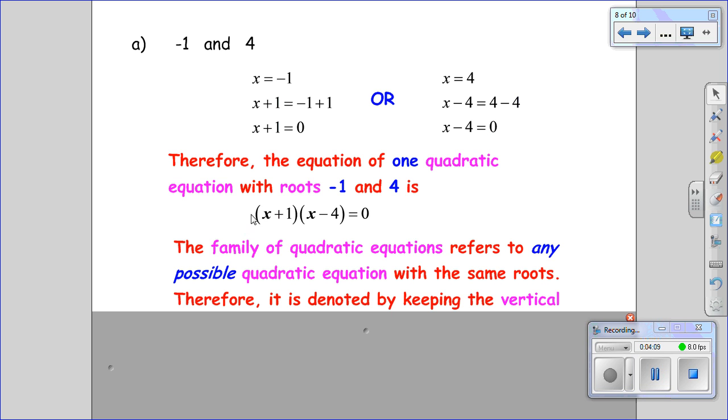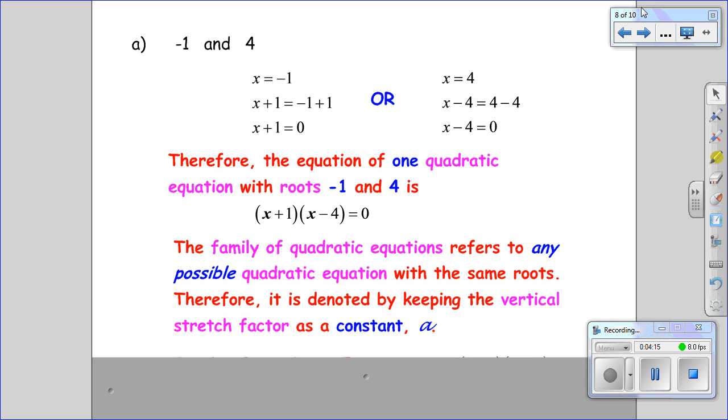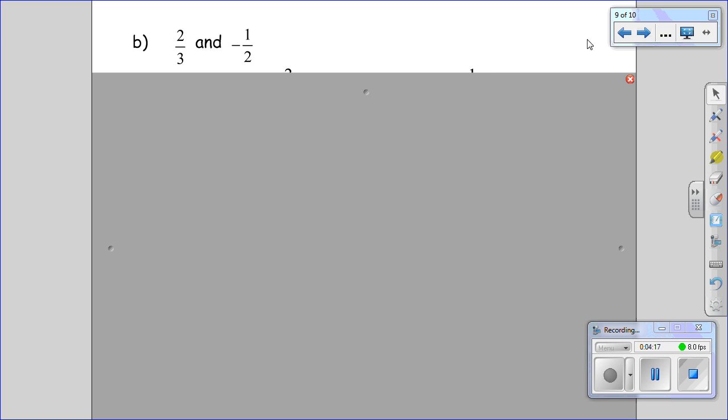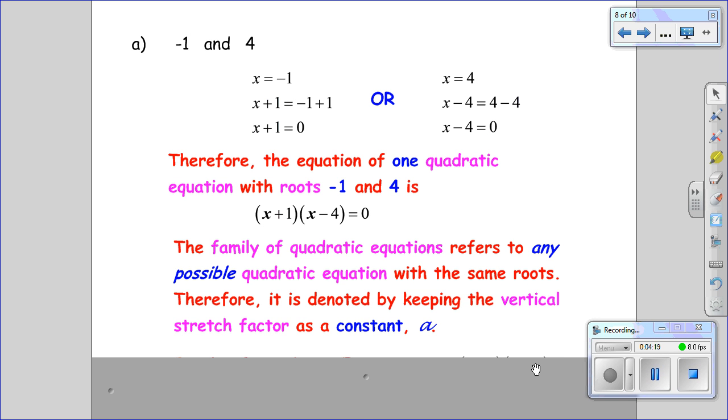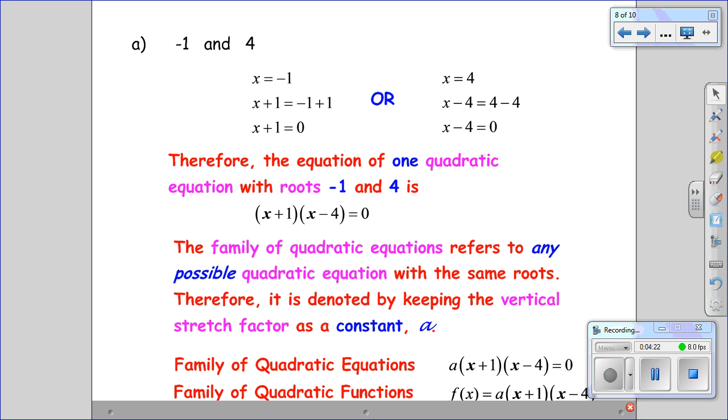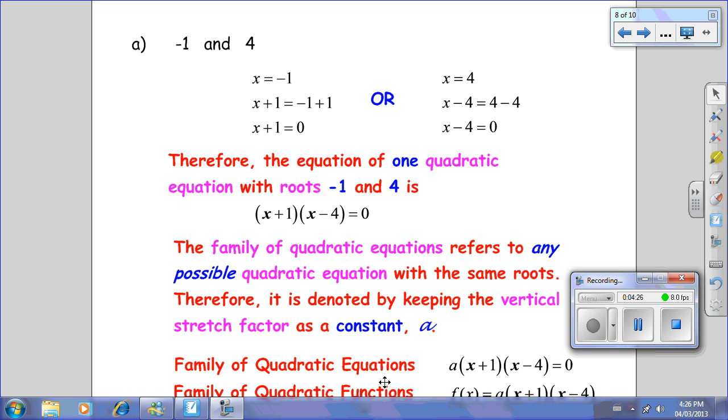And that would be indicated by putting a vertical stretch factor here in front. The minute I put an a value in front, I've shown you the family of quadratic equations. So a can take on any value, and there are an infinite number of solutions.